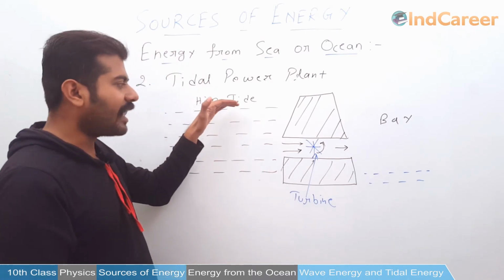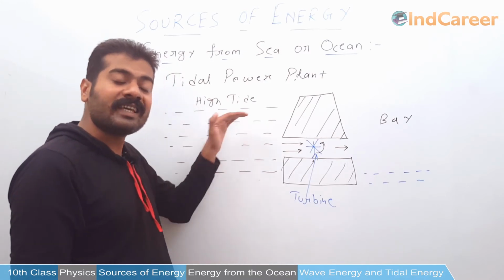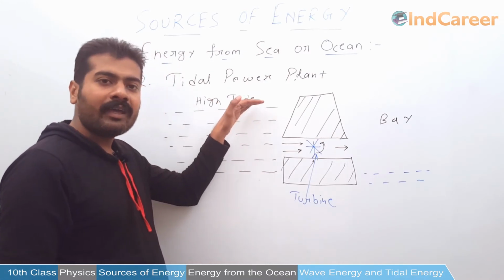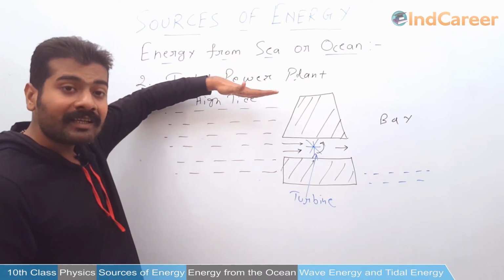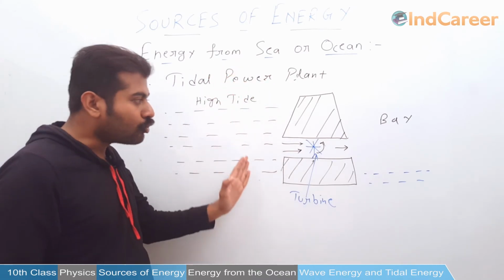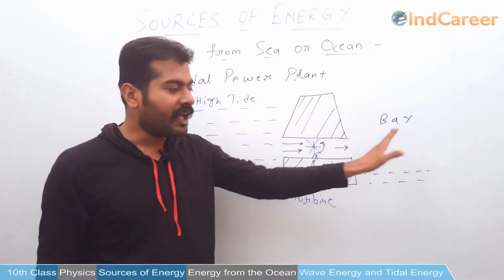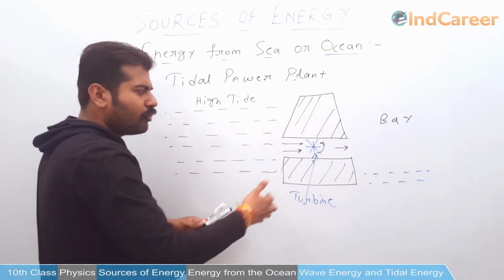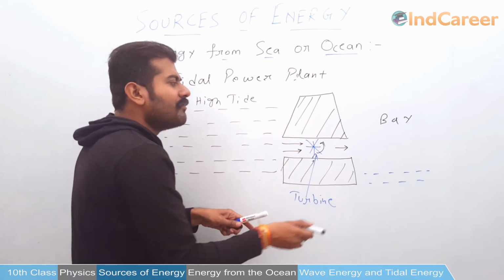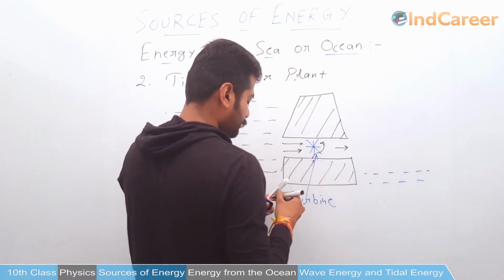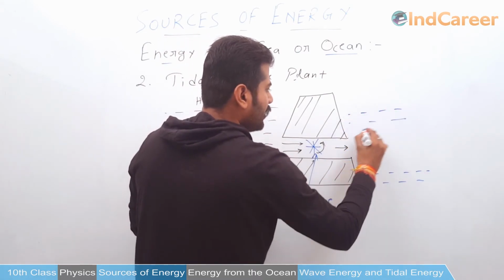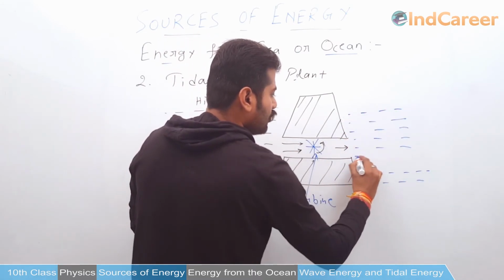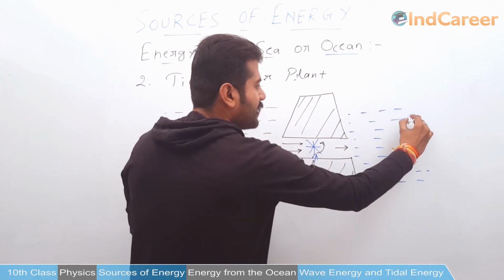So during high tide, the level of the sea or the ocean will be high, and we can utilize that potential energy of water at high tide to let it go through to the other side, the bay. And now slowly all the water from this side will come to this side. The water will slowly come to the other side of the retaining wall, which is the bay side.